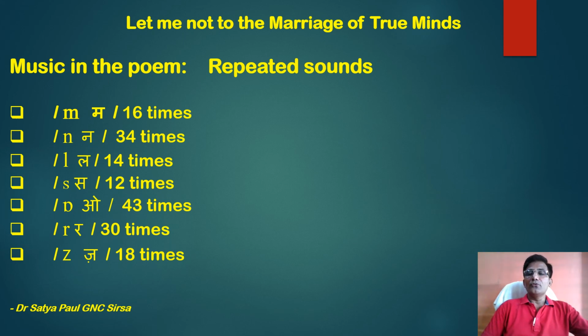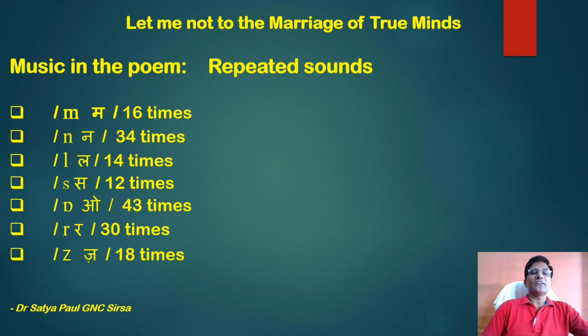The ma sound is very musical. This sound has been repeated 16 times in the sonnet "Let Me Not to the Marriage of True Minds". The na sound has been repeated 34 times, la sound 14 times, sa sound 12 times, ra sound 30 times, z sound 18 times, and o sound 43 times.